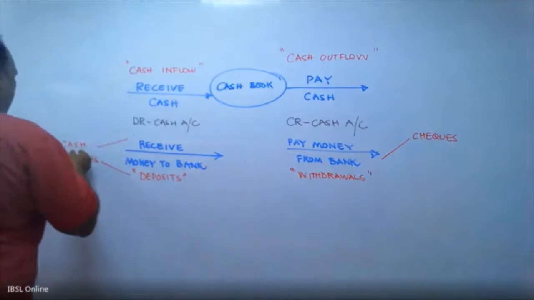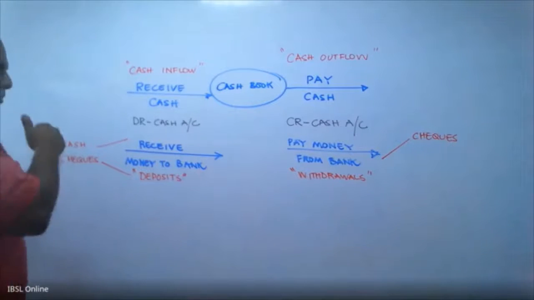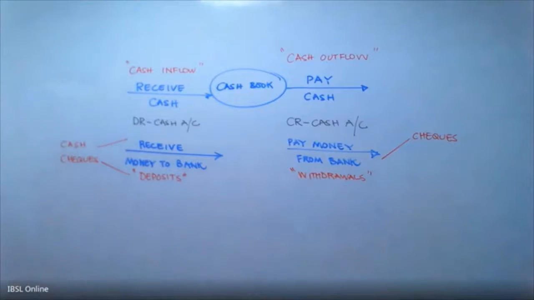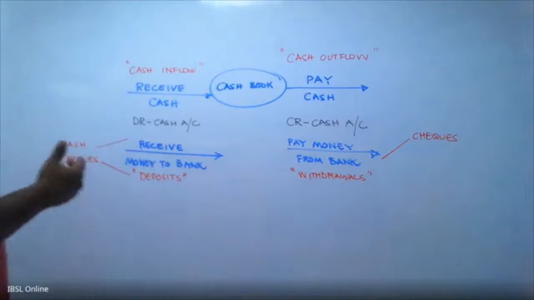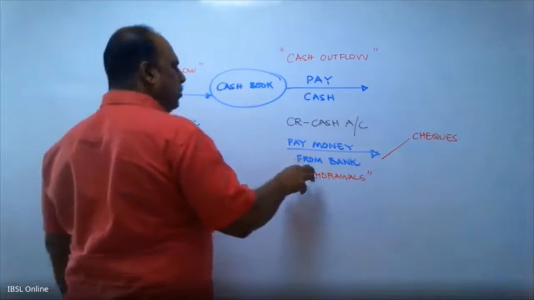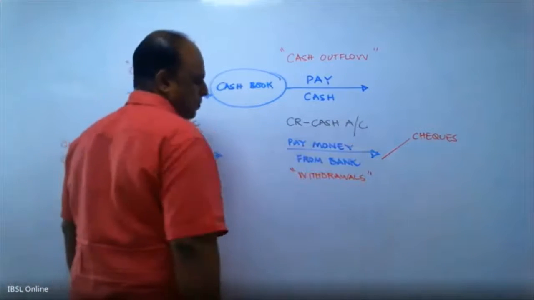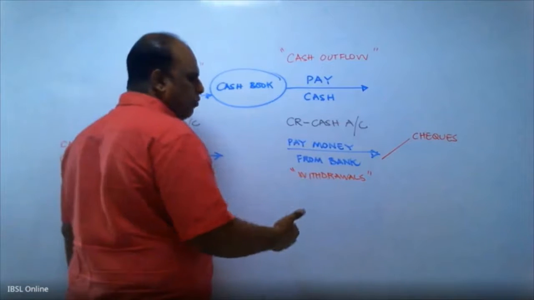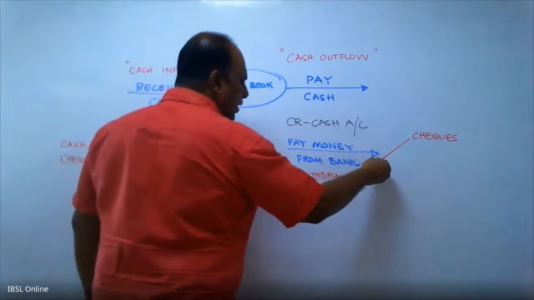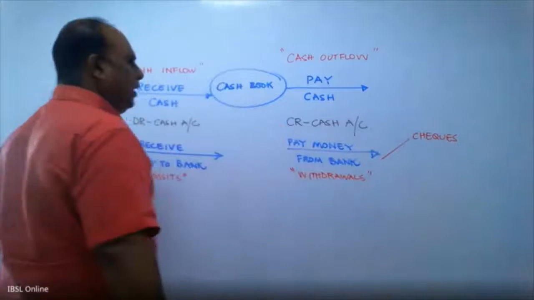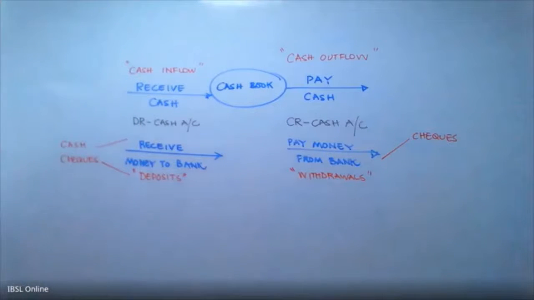They can give cash, they can give checks, whatever. But when you are paying your creditors, mostly you would like to pay by way of checks. So you will have a checkbook given from the bank. Using that check leaf, you can pay your creditors.